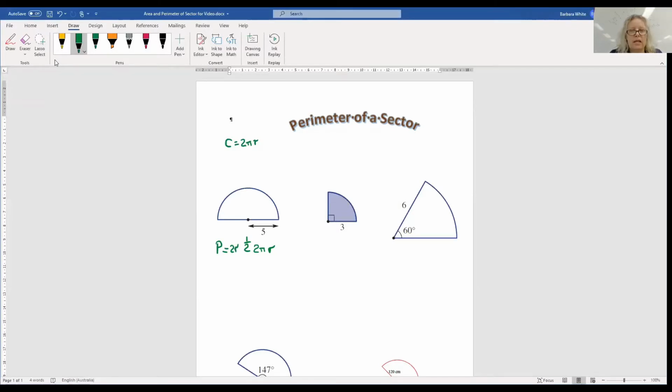Now, usually with a sector, you've got twice the radius. Look, there it is in this one, 2 times the radius. Here it is here, 2 times the radius. So here is the formula. I'll write it up here for you.